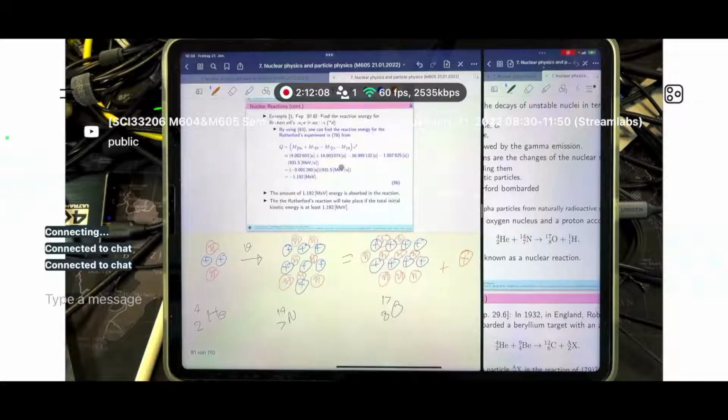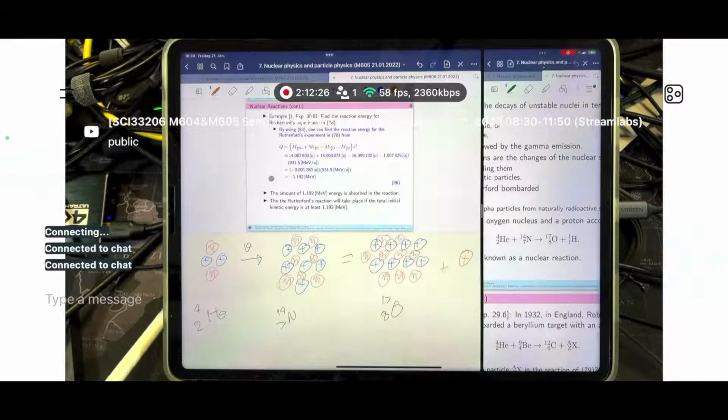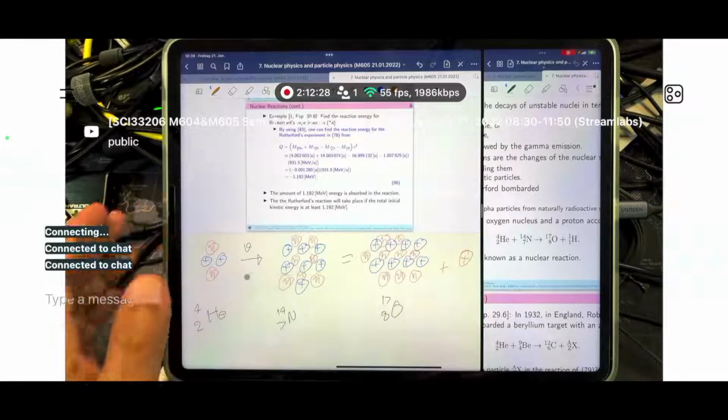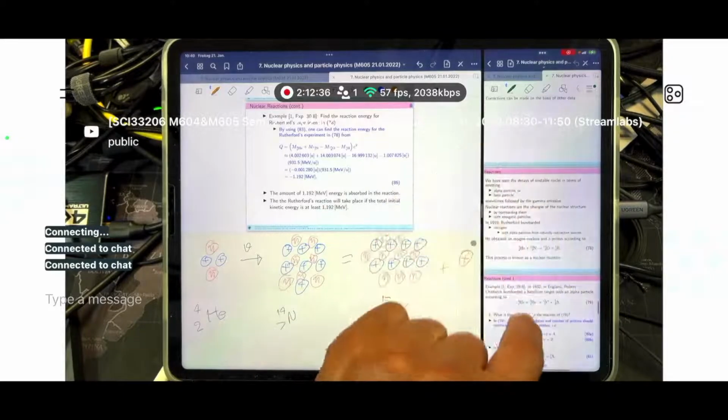This is the product, the result of the experiment by Rutherford, and we find the reaction energy for the Rutherford experiment. So we are going to compute the mass difference on both sides. This is particle A, this is particle B, and mass of particle C, and mass of particle D, right? We use that formula.